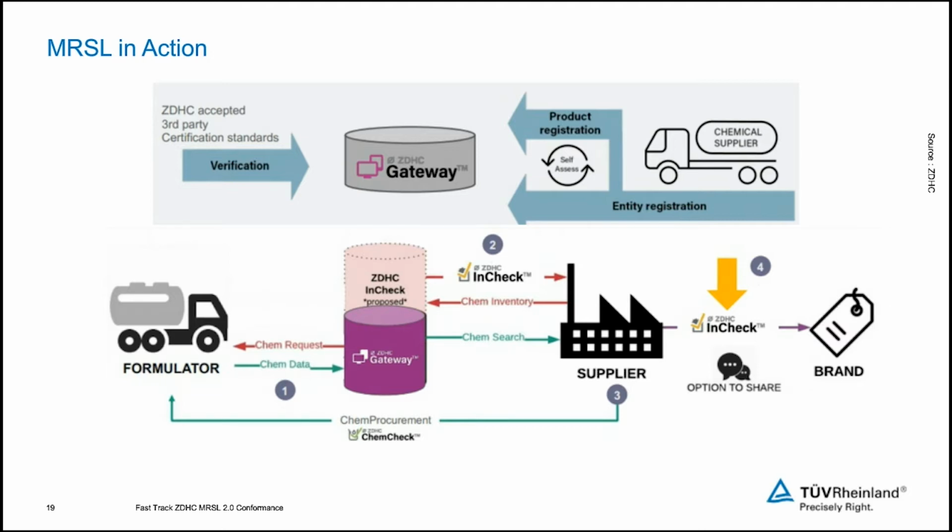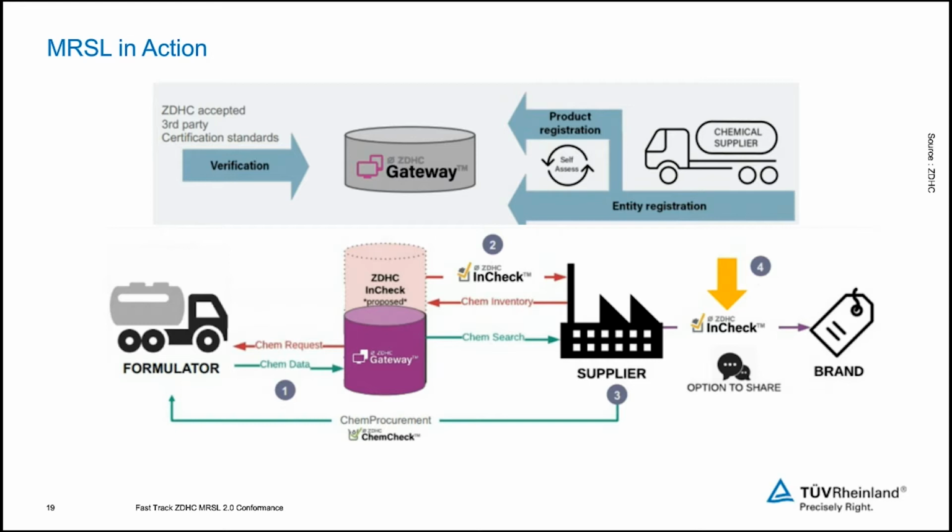One document especially important for the chemical producer is the so-called ChemCheck document, a conformity certificate used to prove the conformance of the product to the MRSL. This can be shared with customers or used for advertising specific chemical products.